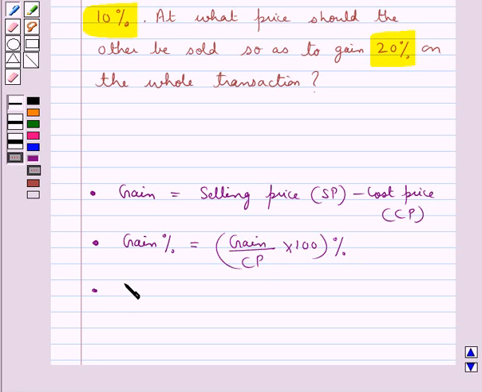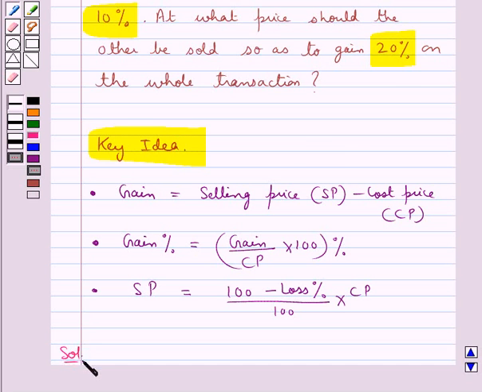Then we have the selling price SP is equal to 100 minus loss percent upon 100 into the cost price CP. This is the key idea to be used in this question.